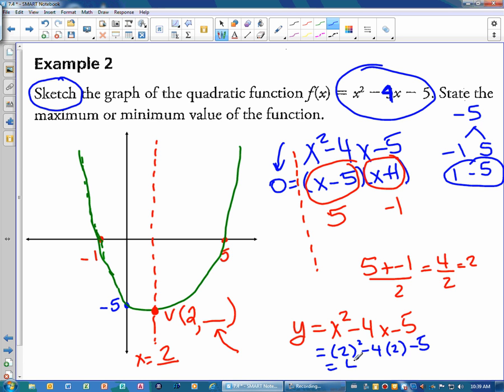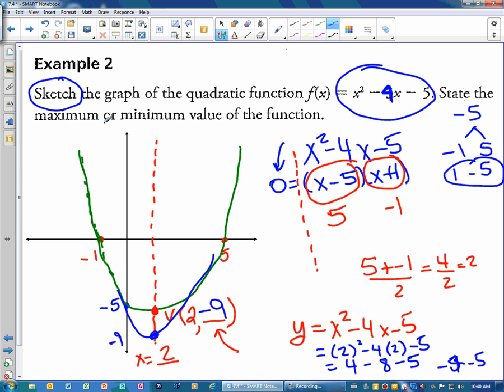Okay, 2 squared is 4, minus 8 minus 5. 4 minus 8 is -4, sorry, minus another 5 is -9. So my vertex is at 2 and -9. State the maximum or minimum value. Well, there it is. It's at -9. Yeah, I really should have drawn it more like that because it needs to be down here at -9, doesn't it? Okay, again, not known for my drawing skills.